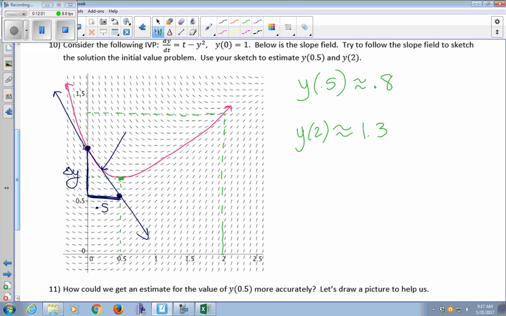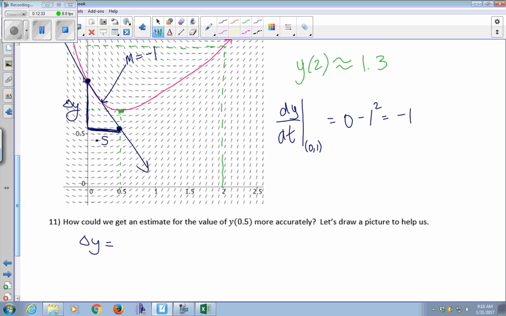I have a formula for the derivative. So dy/dt, I'm going to evaluate at the point 0, 1. That's the point of tangency. So that's going to be 0 minus 1 squared, negative 1. So the slope of this line is negative 1, and then I can solve for delta y.